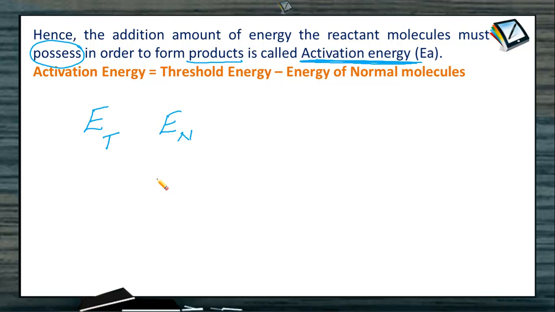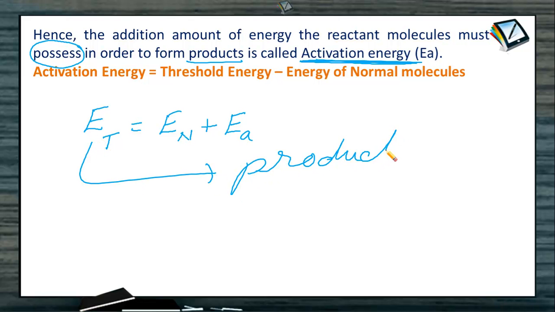But under the normal conditions, the energy of the normal molecules is always less than threshold energy. So they need to acquire some additional amount of energy in order to form products. And that additional amount of energy and the original energy together, if that becomes equal to threshold energy, that only leads to the formation of the products. So that is the reason why activation energy is equal to threshold energy minus energy of the normal reactant molecules.